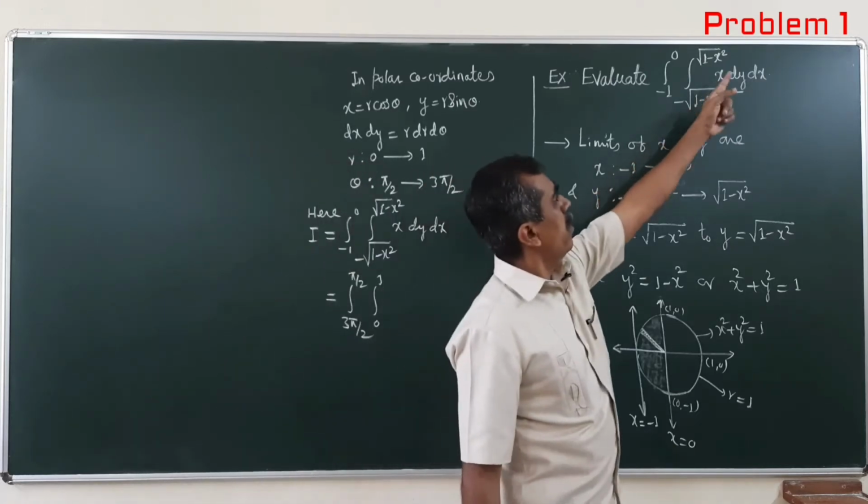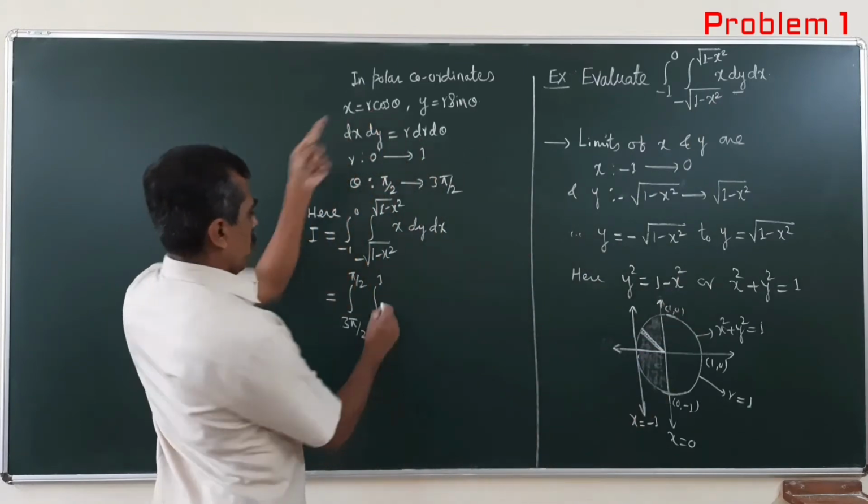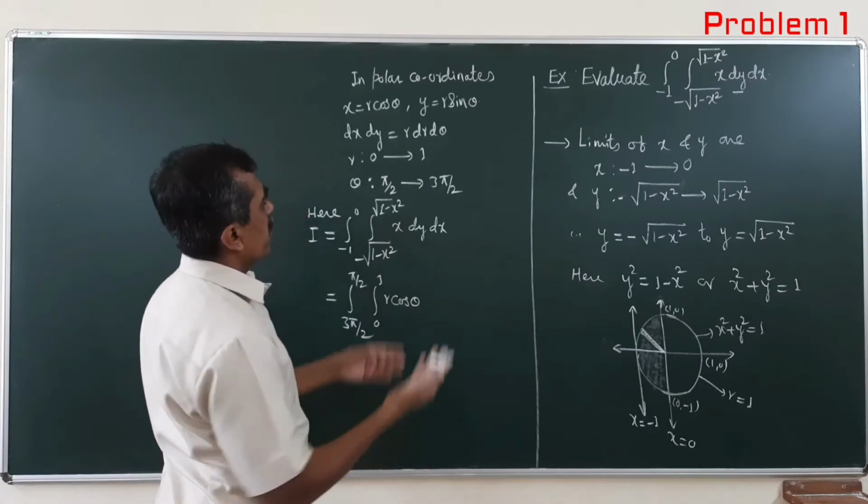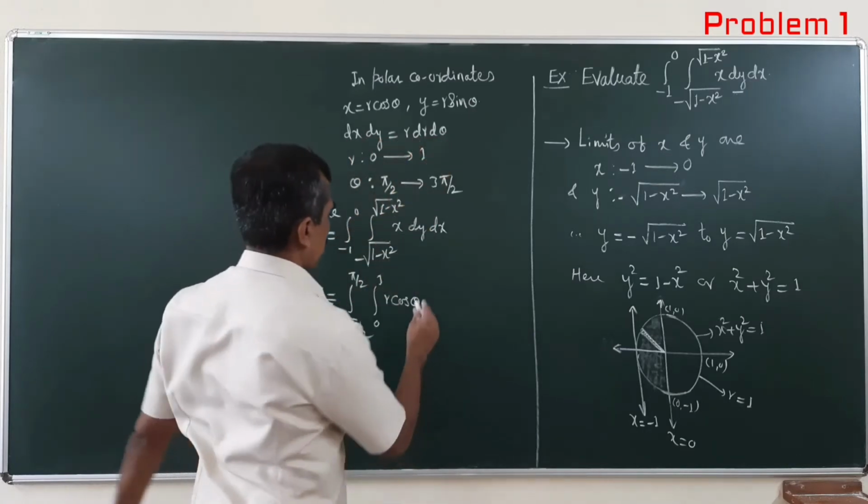Now what is x here? What is x in polar coordinates? R cos theta. And what is dy dx or dx dy? It is r dr d theta.